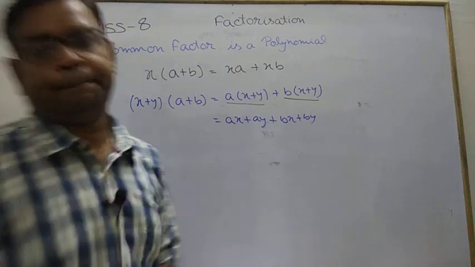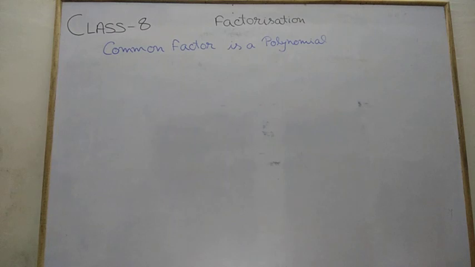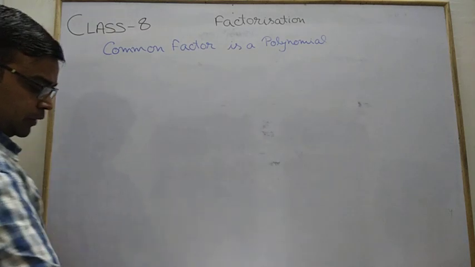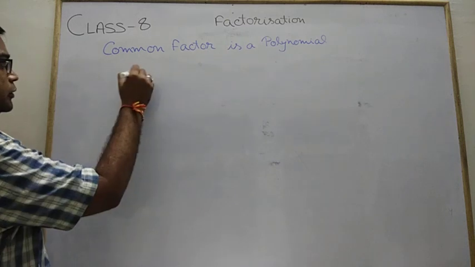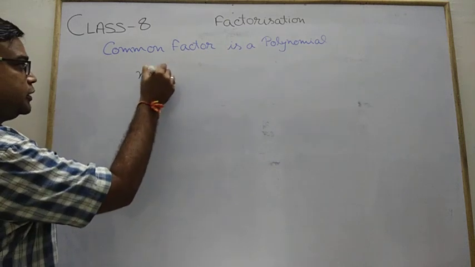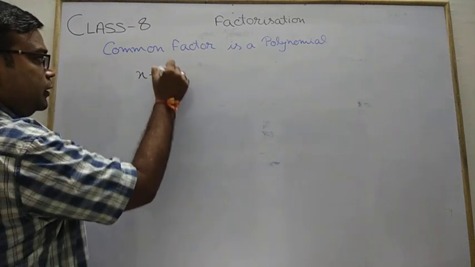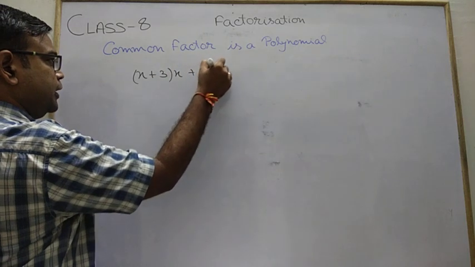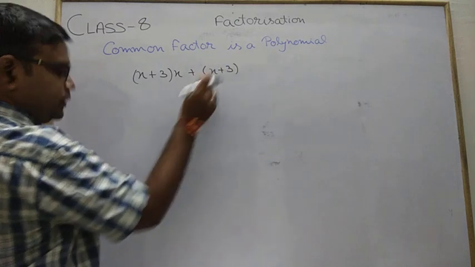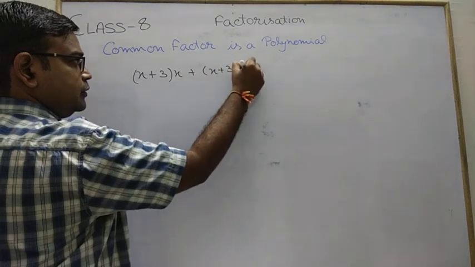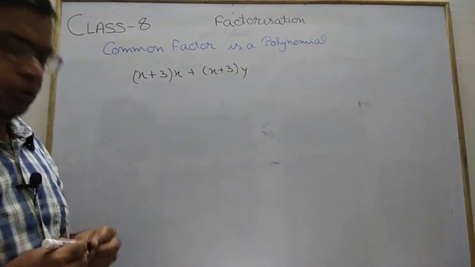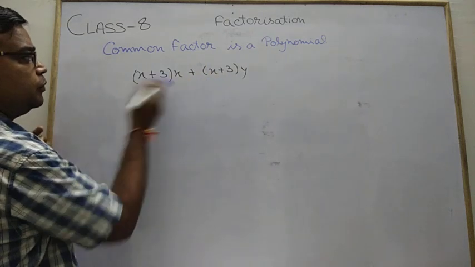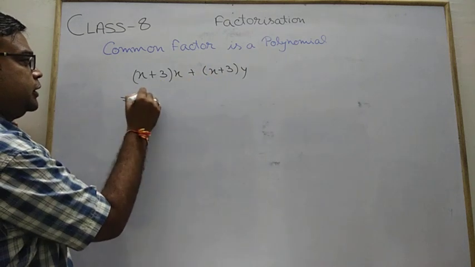Let's start. Okay, we will start from the very first question. This question is x plus 3 into x plus 3 into y. Very simple question. As we discussed, there are two polynomials common, so we can easily write down the answer.